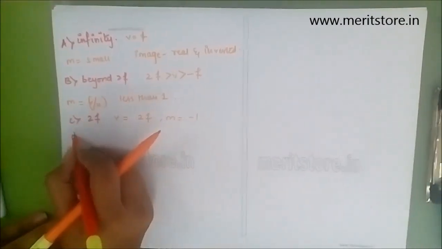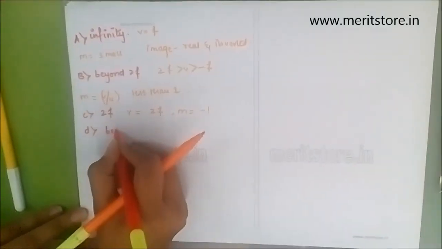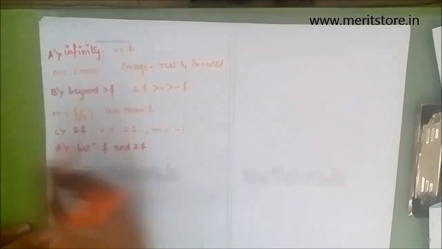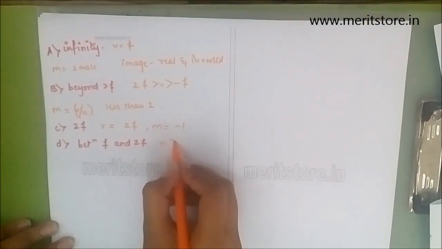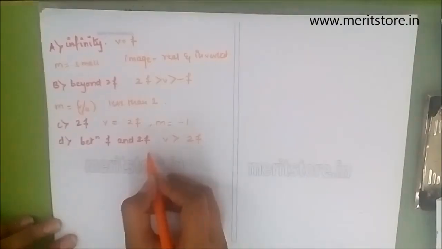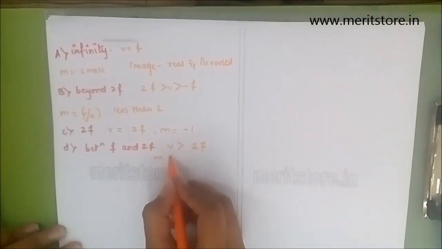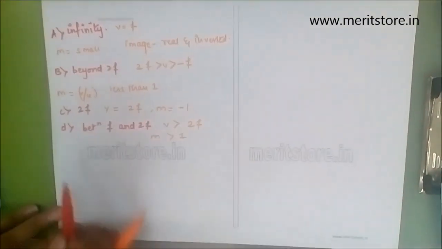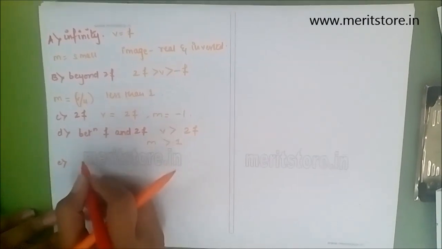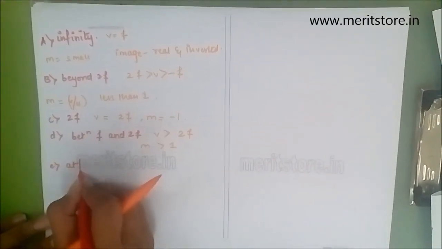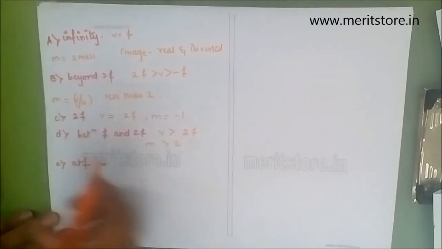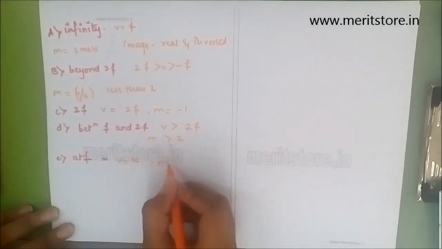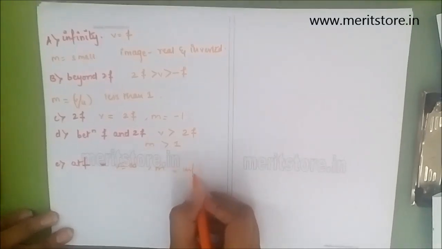When the object is lying between f and 2f, v is greater than 2f and the magnification is always greater than 1. When the object is at f, then v is infinity and magnification is infinite.